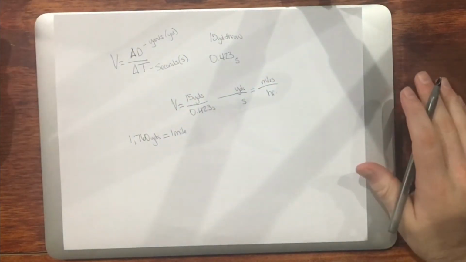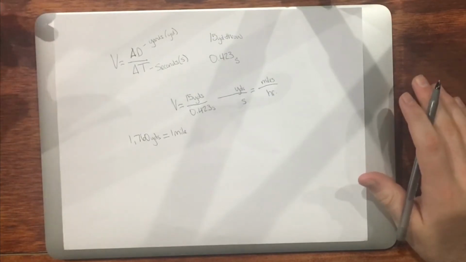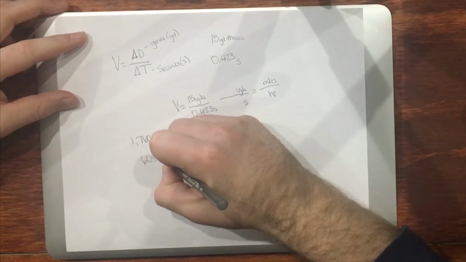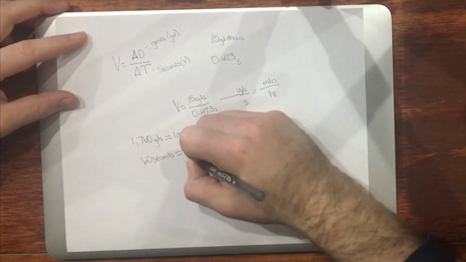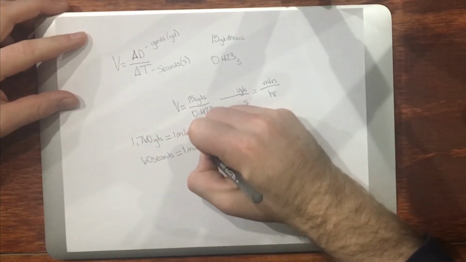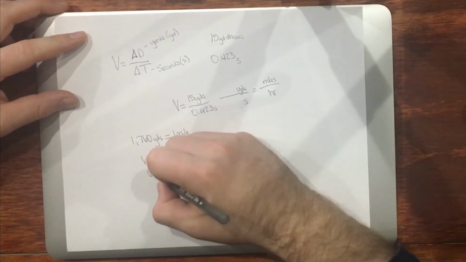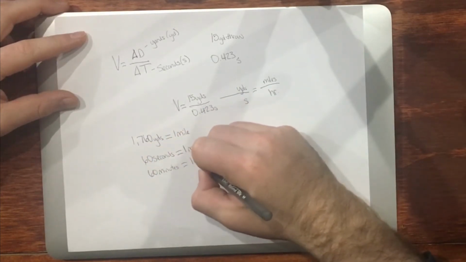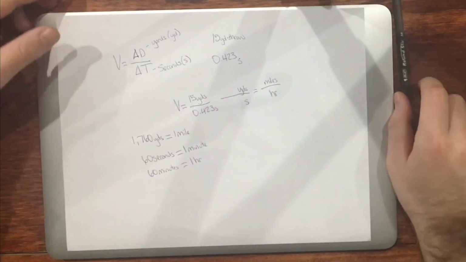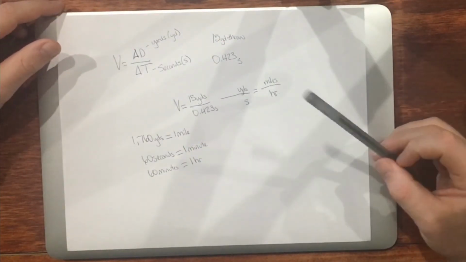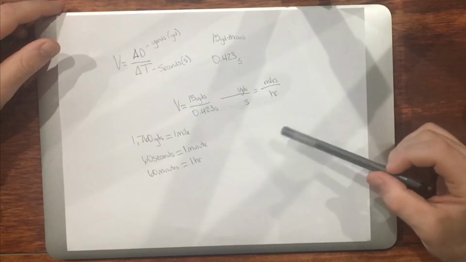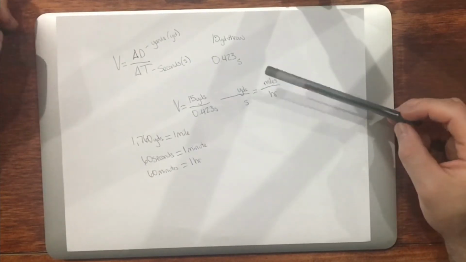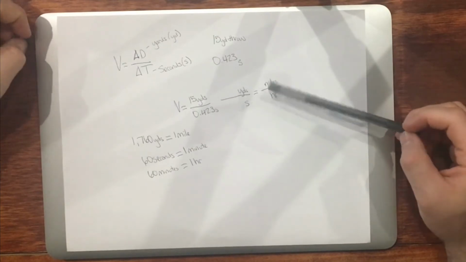That is our conversion factor. There are also 60 seconds in 1 minute, and 60 minutes in 1 hour. Those are the conversions we are going to use to go from 15 yards per 0.423 seconds to miles per hour.